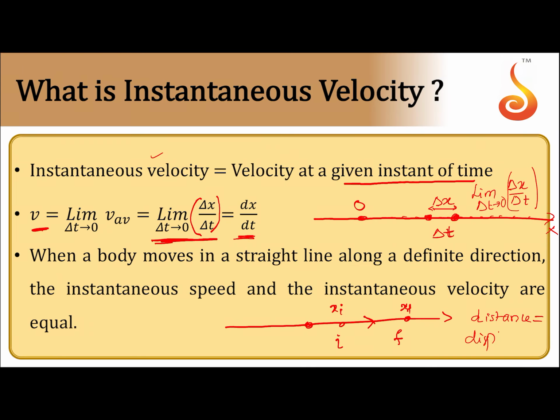If distance travelled is equal to displacement of the particle, then the instantaneous speed and the instantaneous velocity are also equal to each other. Thus, one method of calculating the instantaneous velocity is to write it like this. The other method is to make use of the graph.